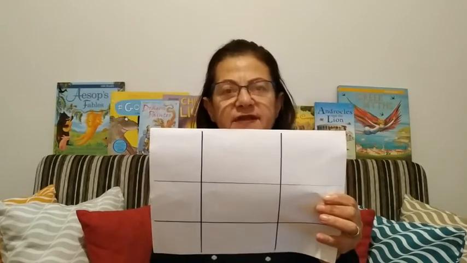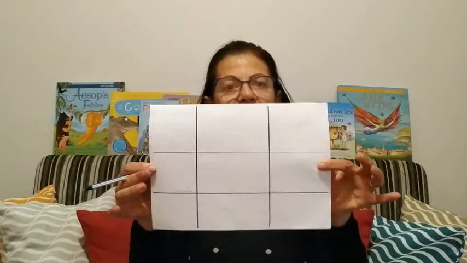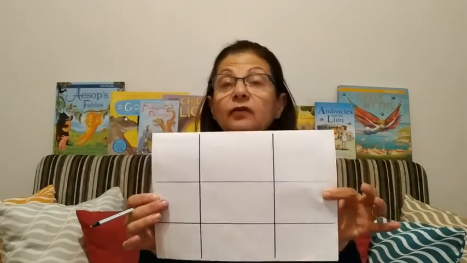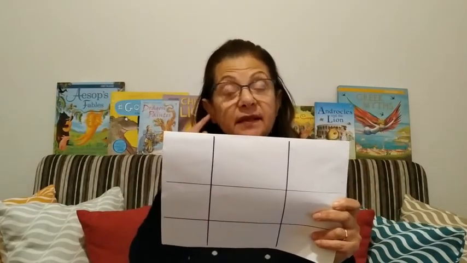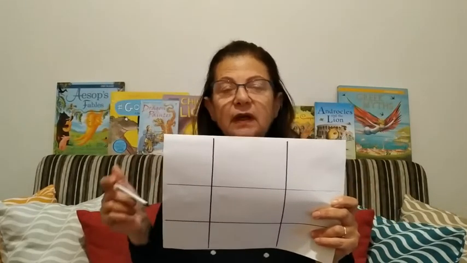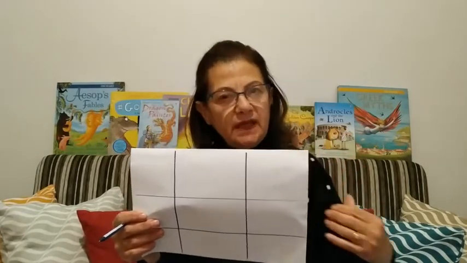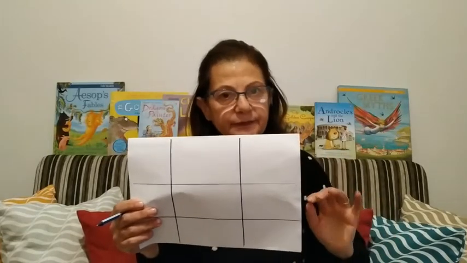I'm going to give you some time to prepare a paper like this. You need to focus, you need to listen, and I'm going to put some relaxing music to help you relax.